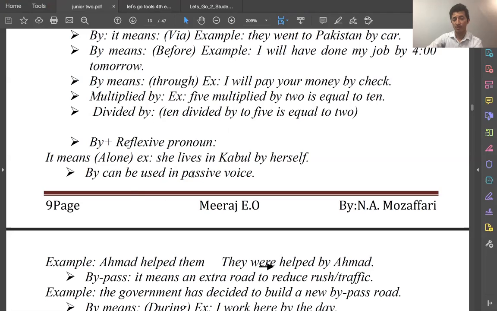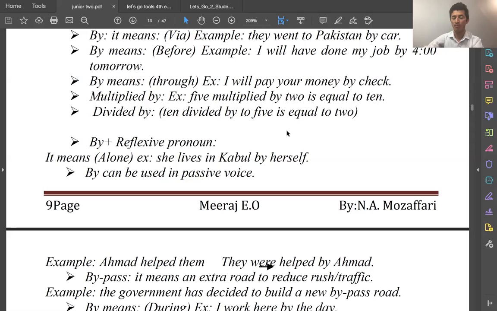And by can be used in passive voice. If you have studied passive voice, you probably know that you use by plus the doer of an action at the end of sentences. For example, you say the class will be taught by the teacher. You use by plus the subject, but you use an objective pronoun there. You say she has been invited by him.